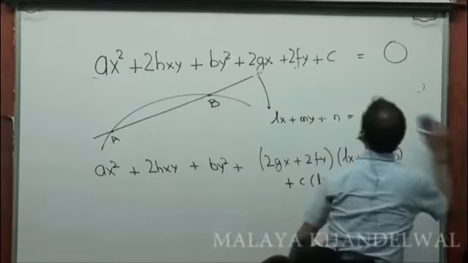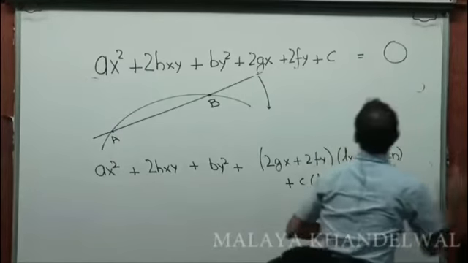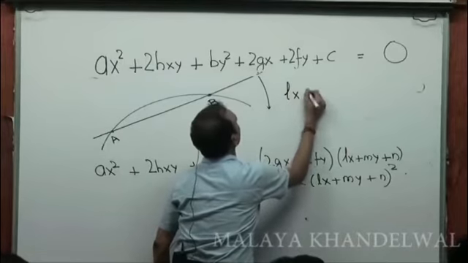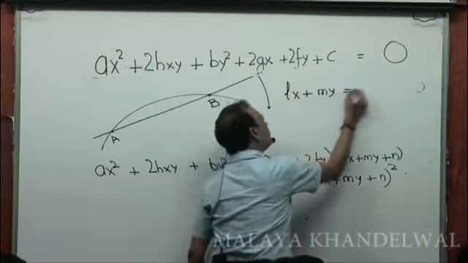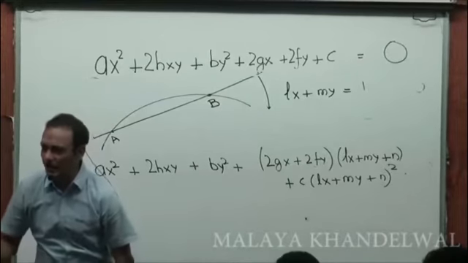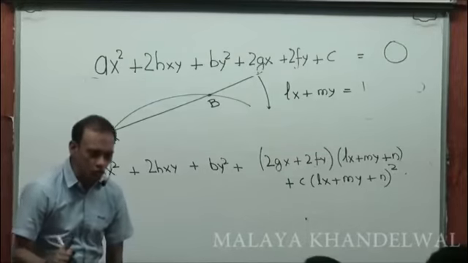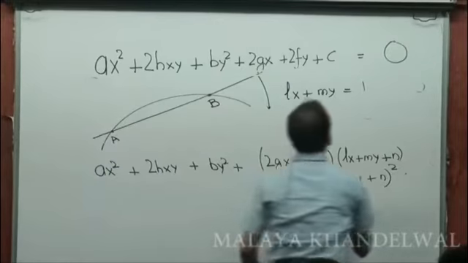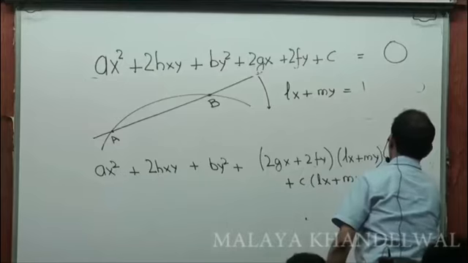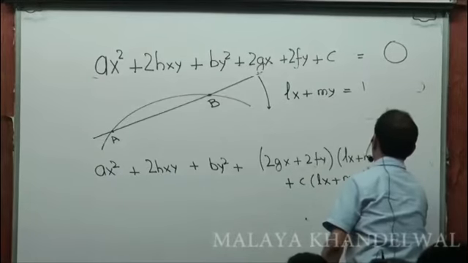What I would choose is to write the line, instead of lx plus my plus n equal to 0, as lx plus my equal to 1. Every line can be written like this, lx plus my equal to 1, isn't it? So I do this, lx plus my whole square.